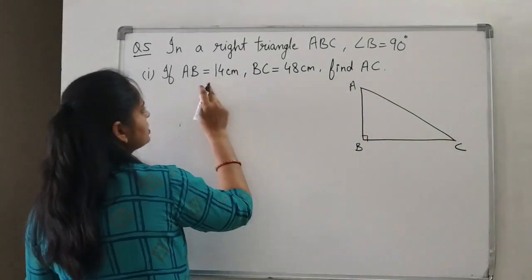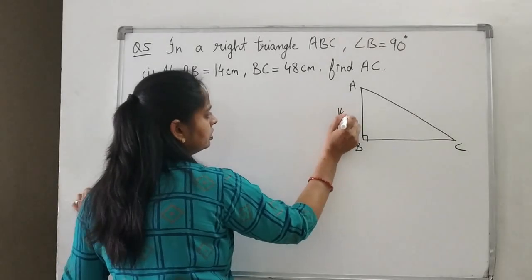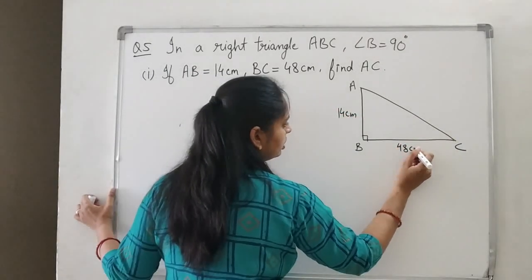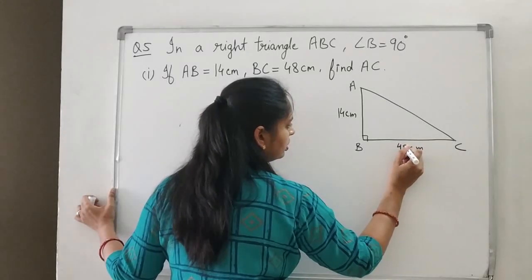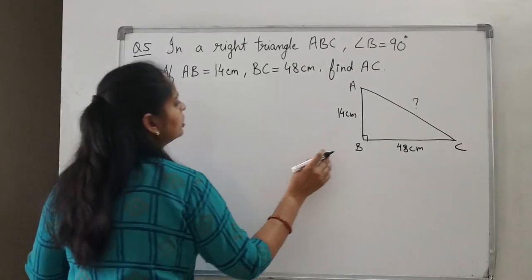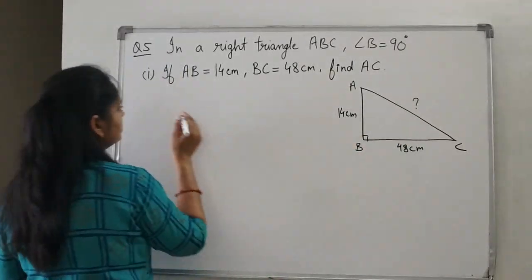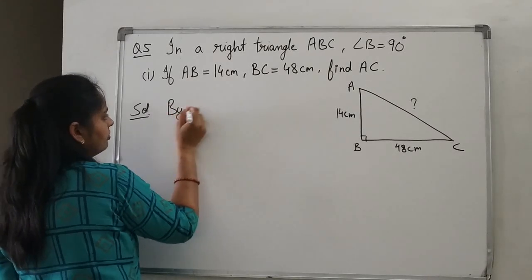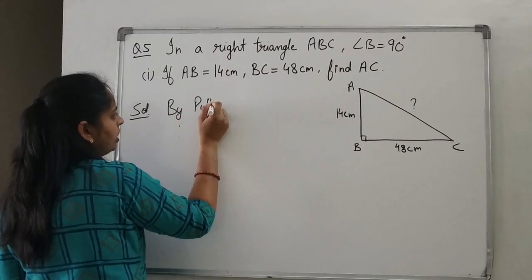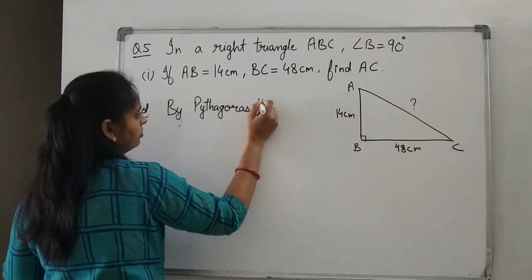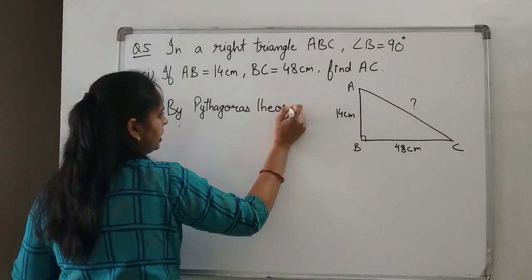AB measurement is given 14 cm and BC is given 48 cm. Right? And AC has been asked. We know that it's a right angle triangle, so by Pythagoras theorem we can solve it directly.